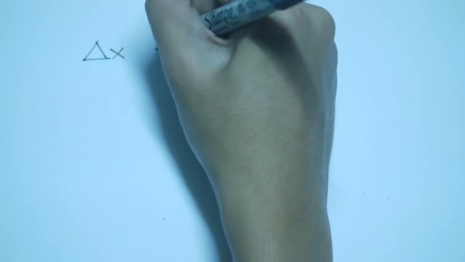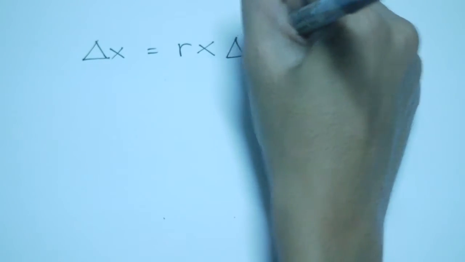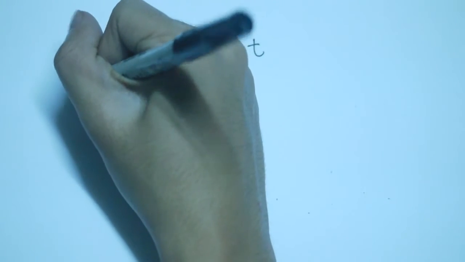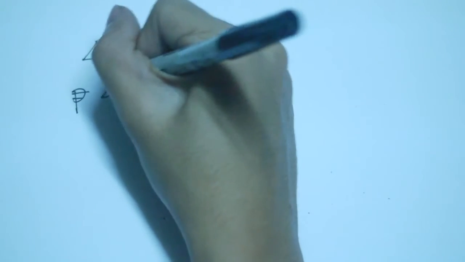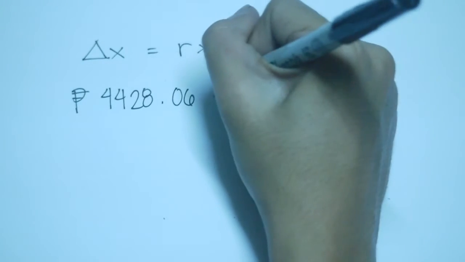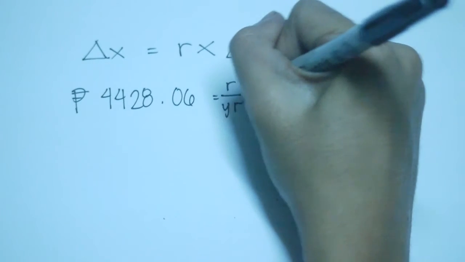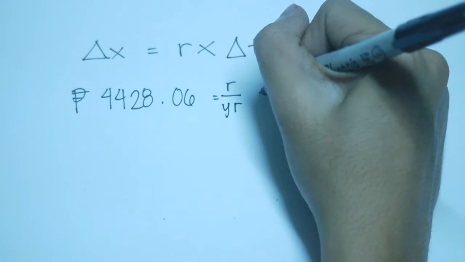So in order to get the equivalent rate if the compounding is done annually, we will equate delta x to r times x times delta t. As what we have gotten in solving the first question, delta x is 4,428.06 pesos. And then the r that we will use will be r over the year since the compounding is done annually.